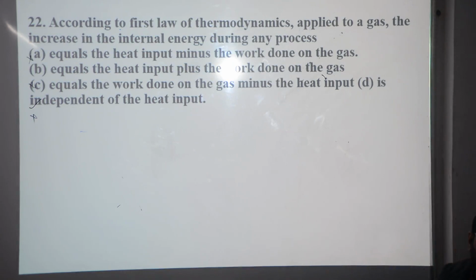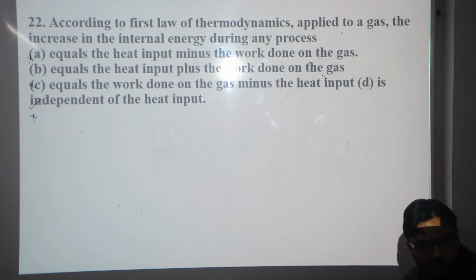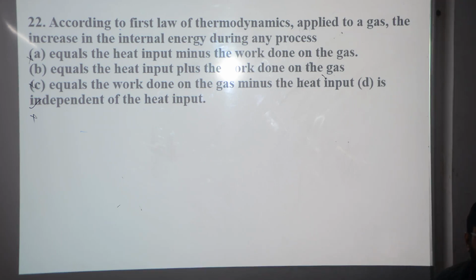According to first law of thermodynamics applied to a gas, the increase in internal energy during any process equals the heat input minus the work done by the gas, equals the heat input plus the work done on it. Now heat input plus এটা দুটোই বোধহয় হয়, তাই না? একটা বোধহয় ফিজিক্সের জন্য, একটা বোধহয় কেমিস্ট্রির জন্য। For first law of thermodynamics in chemistry, you have delta U equal to delta Q plus W. It's the other way.